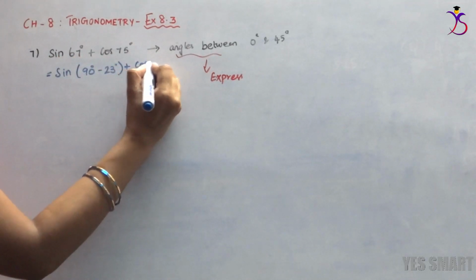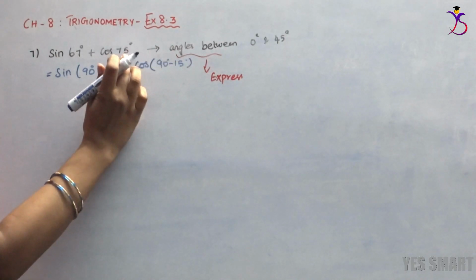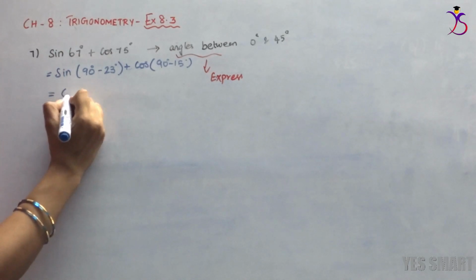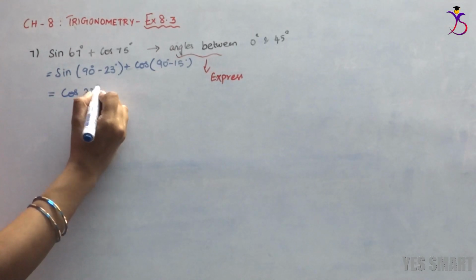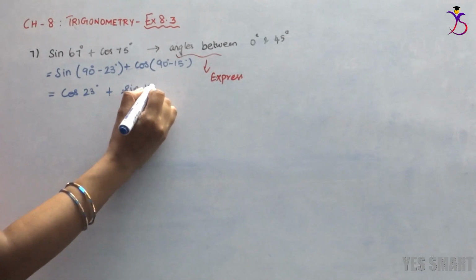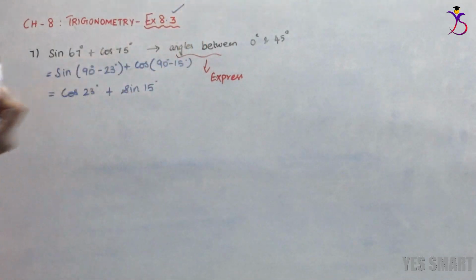Similarly, cos 75 becomes cos (90 minus 15), because 90 minus 15 gives us 75. We already knew that sine (90 minus theta) is cos theta. Therefore, sine (90 minus 23) is cos 23 and cos (90 minus theta) is sine theta. Therefore, cos (90 minus 15) is sine 15 degrees. So, we have expressed the answer where the theta lies between 0 and 45 degrees. And thus, exercise 8.3 is done.